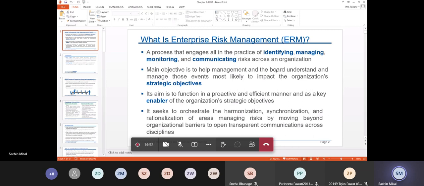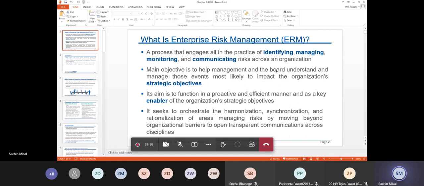Then create cross-functional teams evaluating risk using a common framework. Why a cross-functional team? For example, I am a marketing manager and someone else is an HR manager. The marketing manager can be part of the ERM team and identify the risk for HR also.